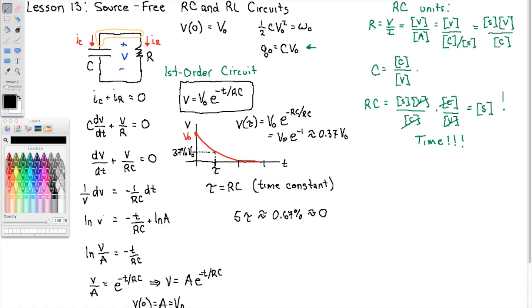That is when we have a DC circuit. So we say that this first order circuit, the source-free RC circuit, reaches DC steady state at 5 time constants.